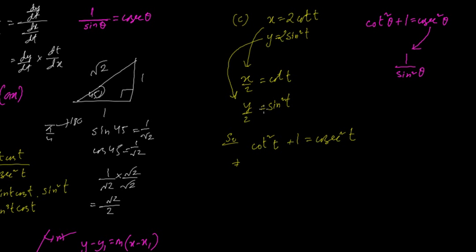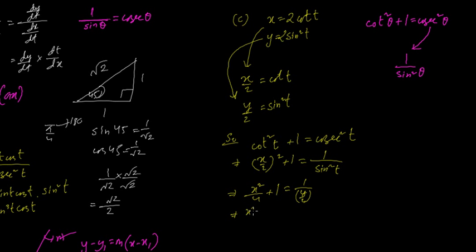So at cot squared we can just plug in x by 2, so x by 2 whole squared plus 1 equals, at cosec squared we can write cosec means 1 by sine squared t. That means x squared by 4 plus 1 equals 1 by sine squared, we can put y by 2.